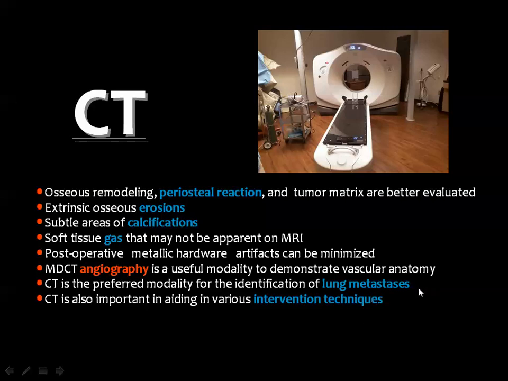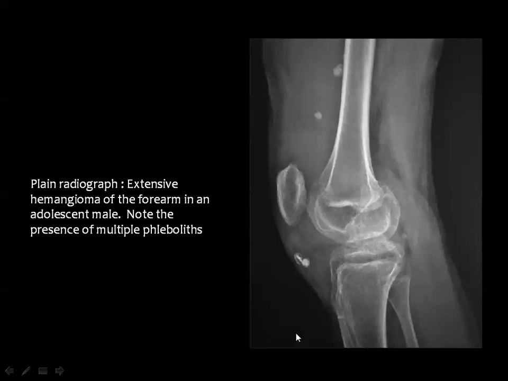But of course, you can see lung metastasis by plain X-ray. But if the mets are very small or minute, CT is able to discover them. Then it is also a guide for many of the interventional techniques if ultrasound is not available or cannot be performed.